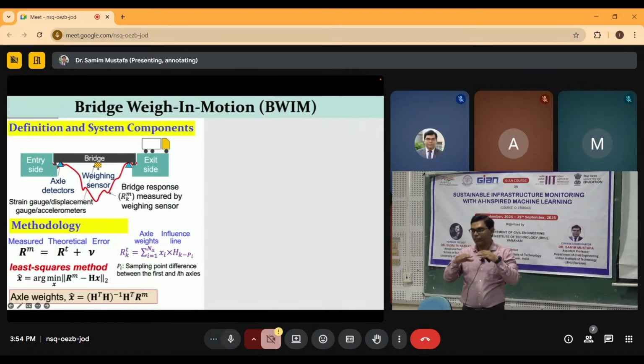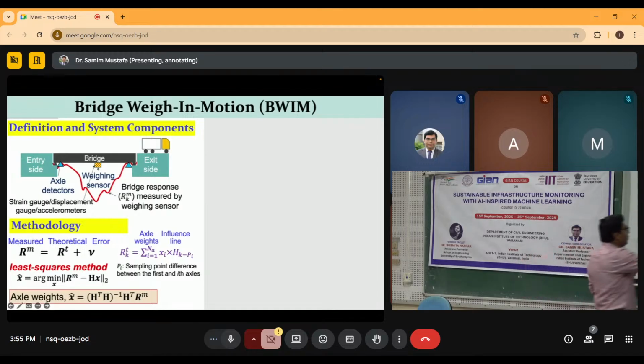If you know the theoretical influence line of the bridge and want to estimate the axle weights of the vehicle, suppose a 3-axle vehicle is going, then there is a summation of i equals 1 to 3, where NA, the number of axles, is 3.